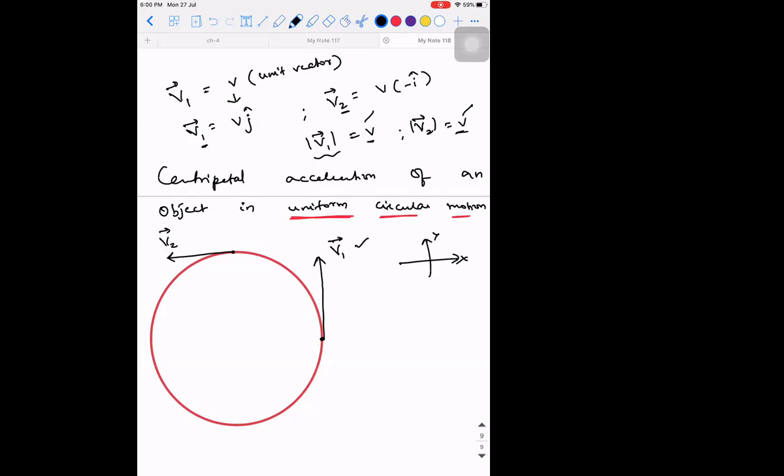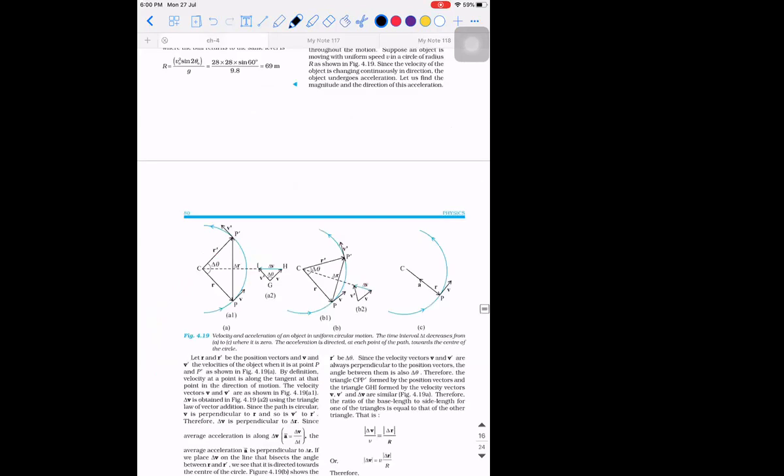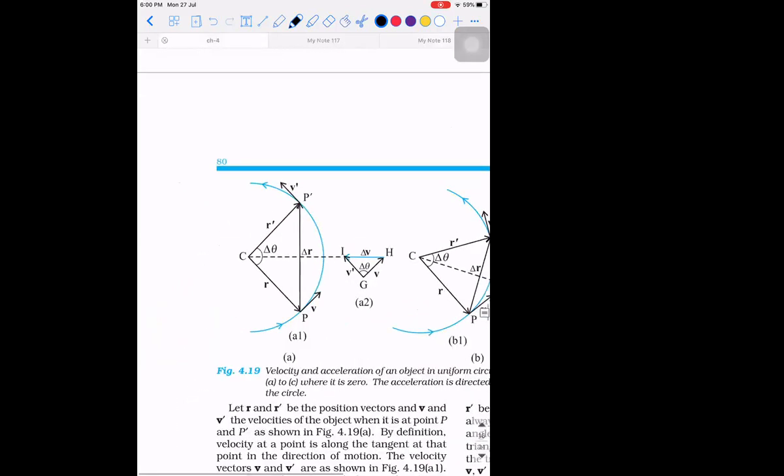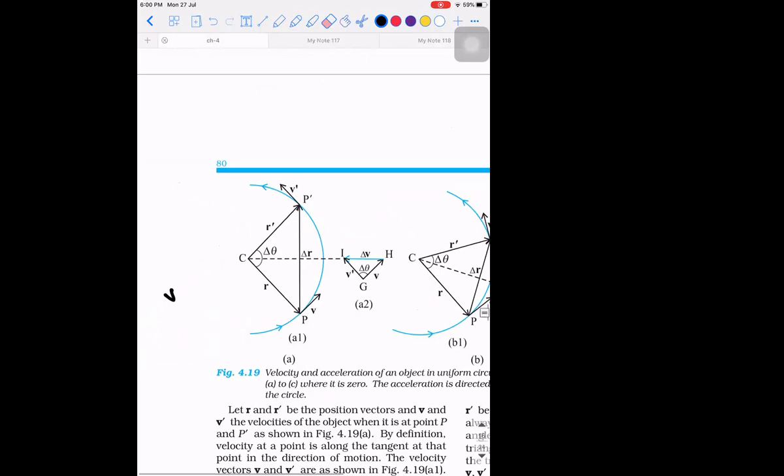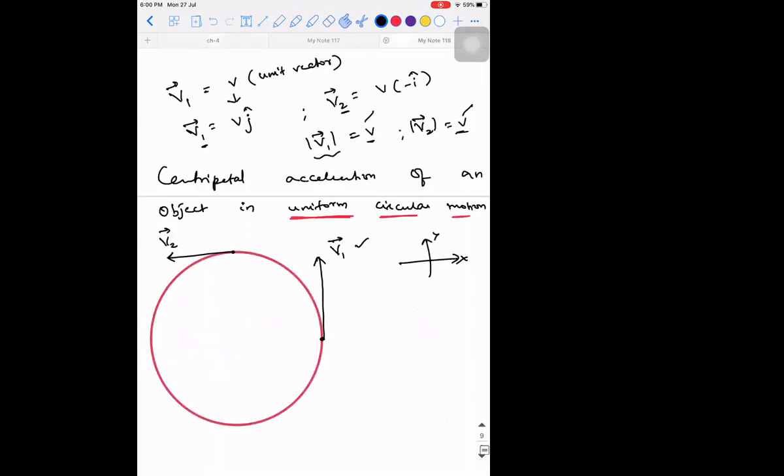That's what is done in your textbook also, but they didn't use vector. So in your textbook, try to understand the notation. If any symbol is written in bold format, it represents a vector. Are you able to understand this point? Yes, sir. Right?